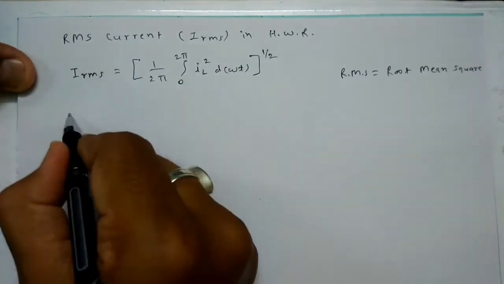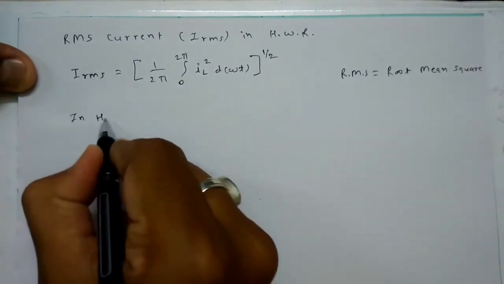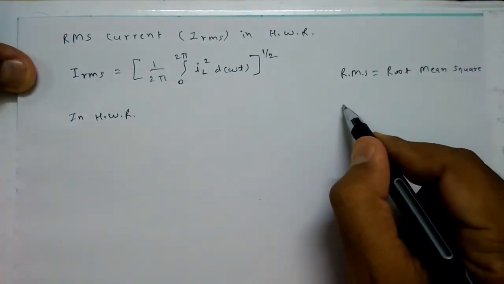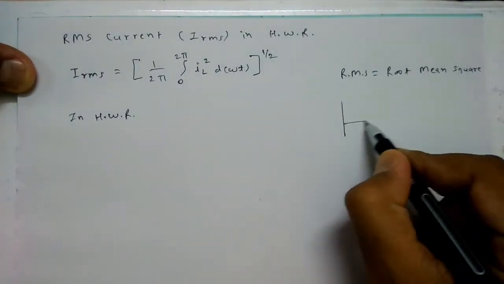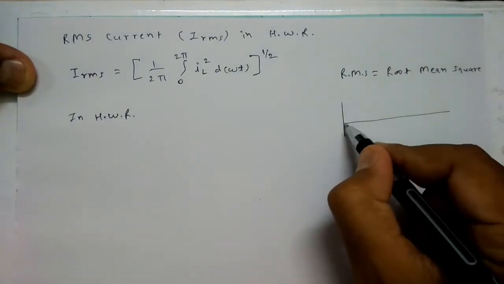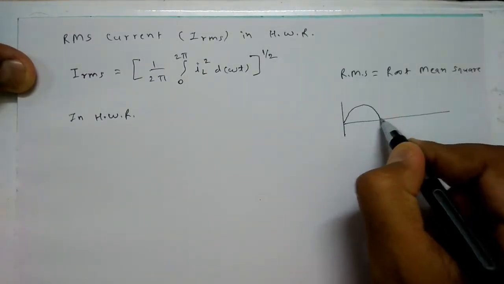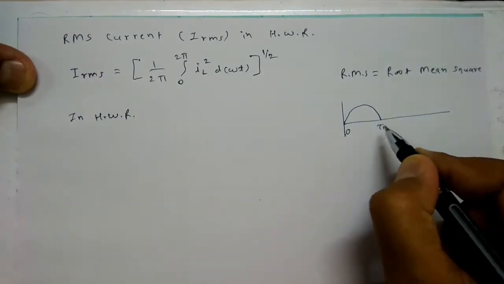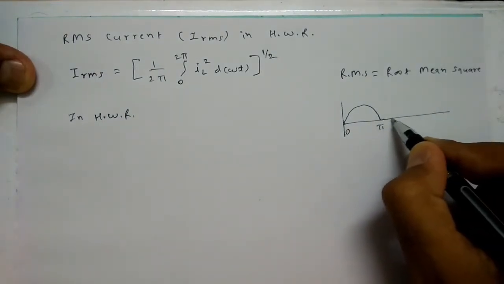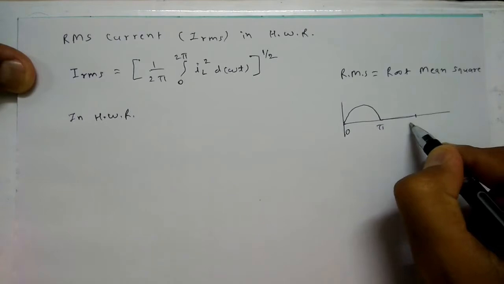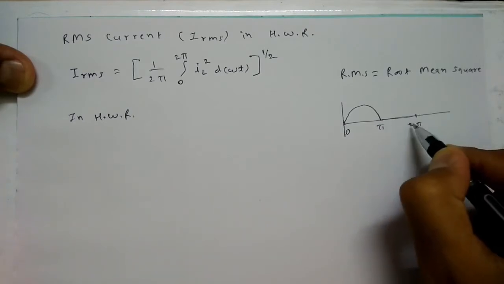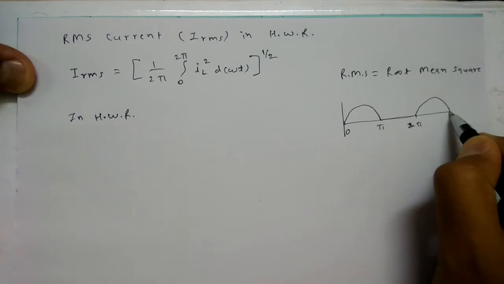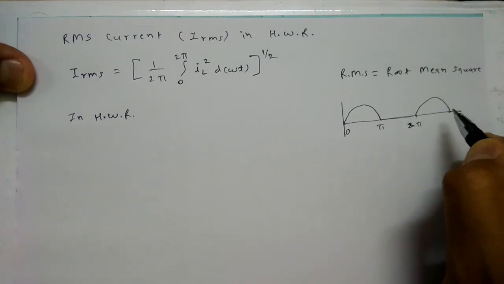Now in case of half wave rectifier, we know that the current waveform, the output, is given like this. From 0 to pi we have positive half cycle. During the negative half cycle we don't get any output, so from pi to 2 pi there is no output, and further again we are getting the output. This is the thing you all should be knowing now.